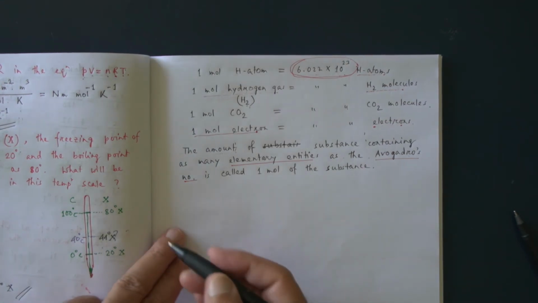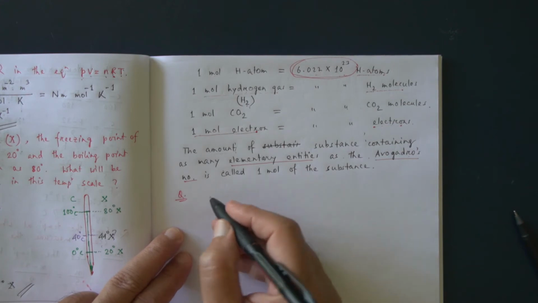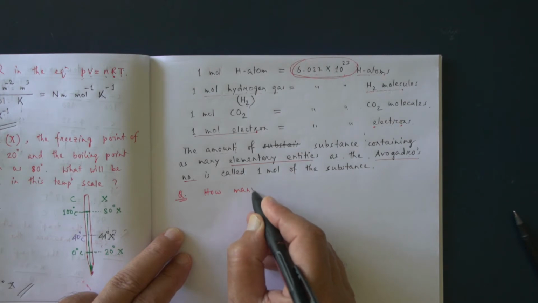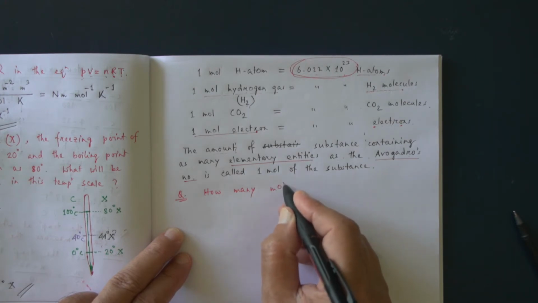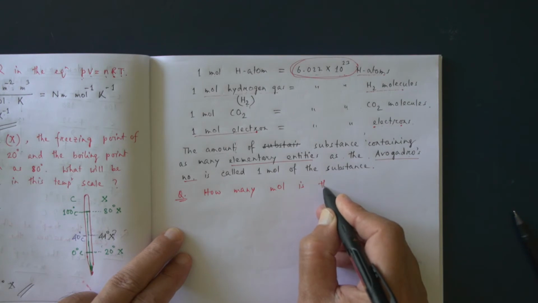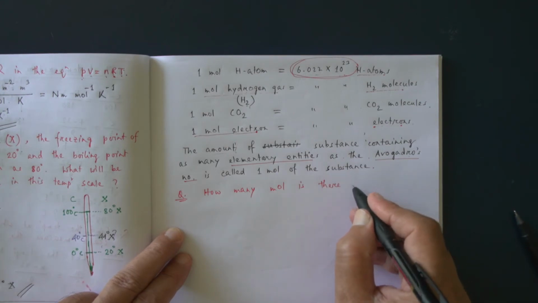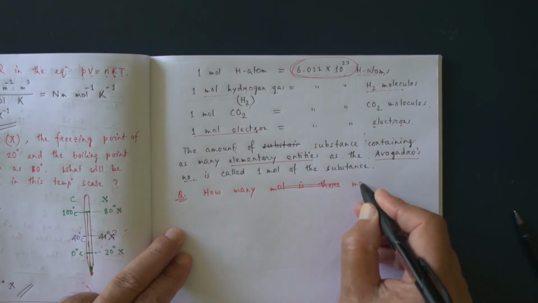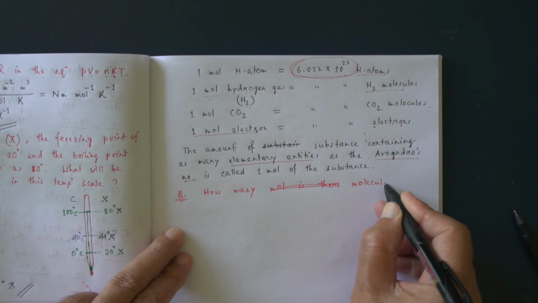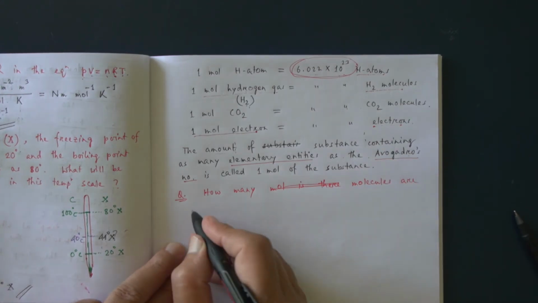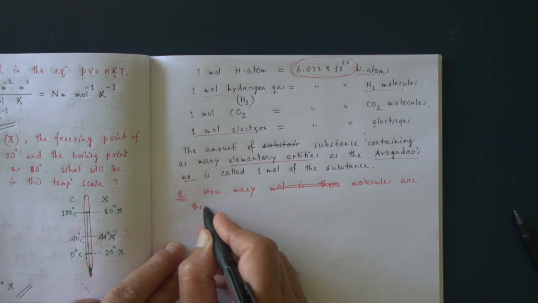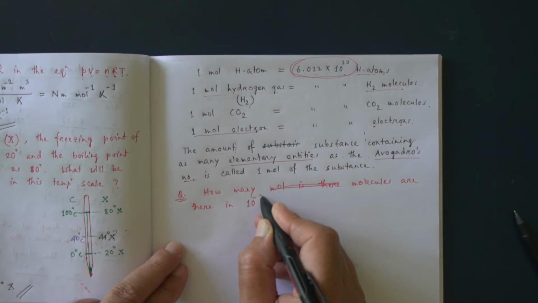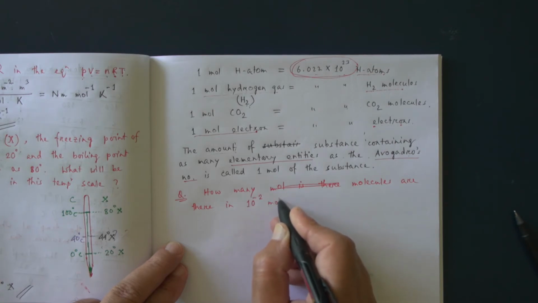Now you see, a question is asked: how many molecules are there in 10 to the power minus 2 mole methane?